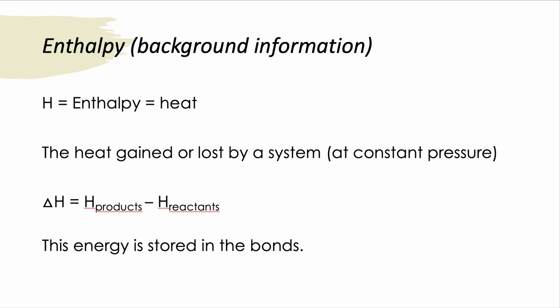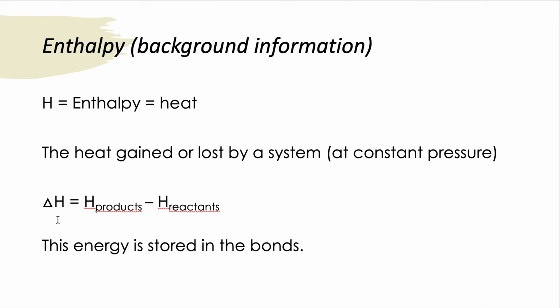When we look at enthalpy change, which is delta H, it's the increase or decrease in energy of a chemical reaction, which really means the heat gained or lost by the system at constant pressure.